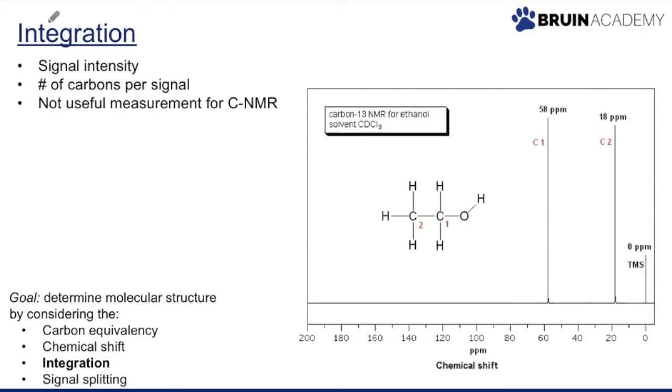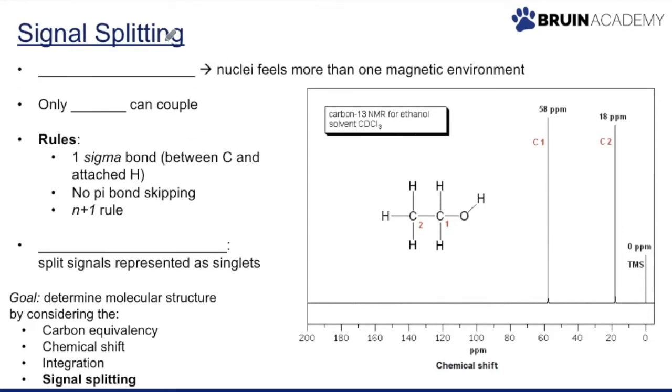So integration doesn't give us that much information in carbon NMR, but it does give us information similar to proton NMR. It tells us the number of carbons per signal, and gives us information about the carbon intensity, but again, not so useful for carbon-13 NMR, and I'm not going to go over it because it's not really emphasized in your lectures.